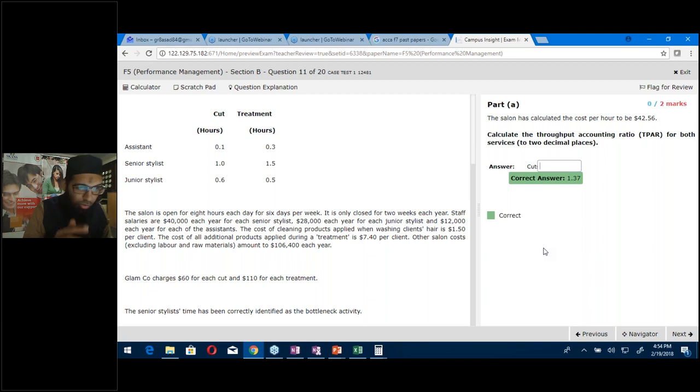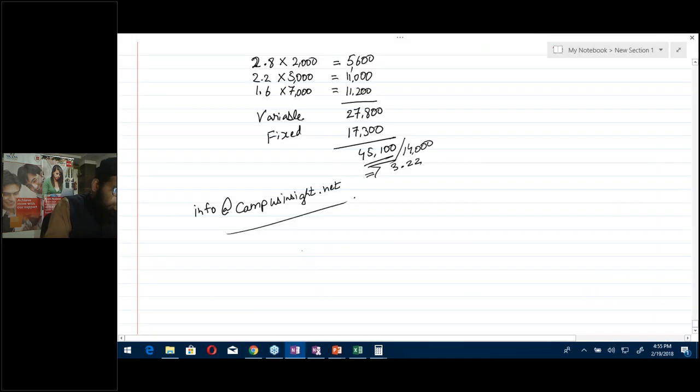Now to calculate the throughput accounting ratio, we require throughput per hour. We have already been given the cost per hour, that is the conversion cost per hour. Now for cut, what will the throughput per unit be? The selling price of cut is 60.